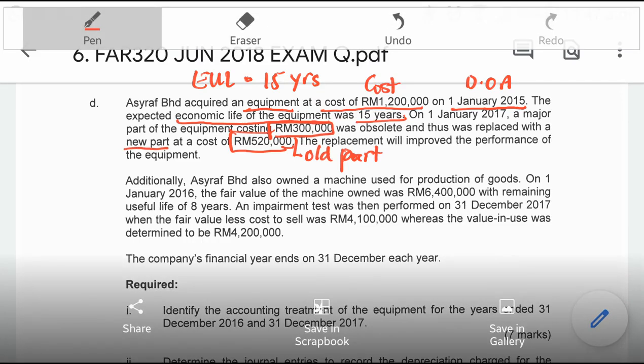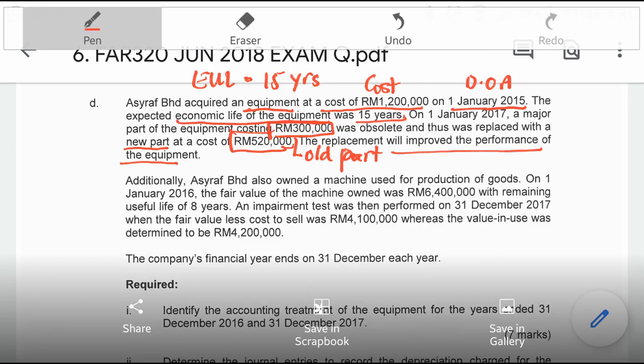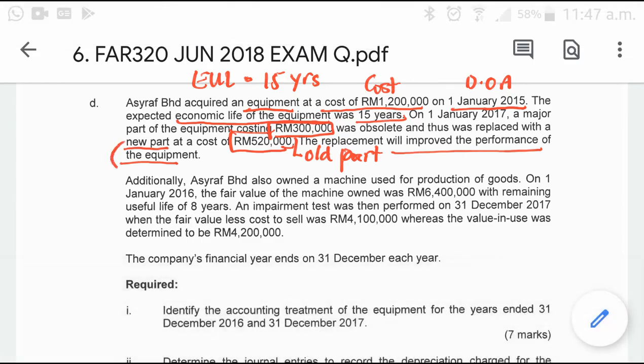So you need to look at whether the replacement will improve the future economic benefits beyond its existing performance standards. Here you are informed it will improve performance of the equipment. So when it is improved, the new equipment must be capitalized.